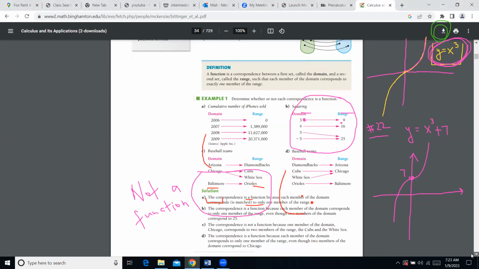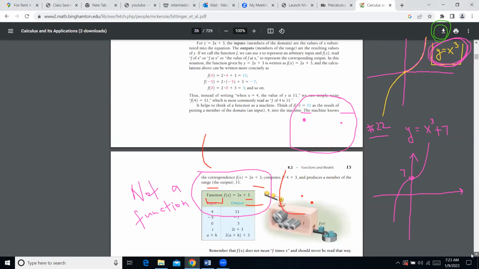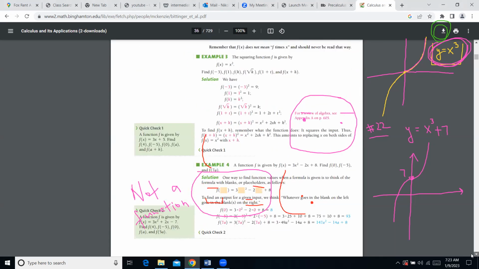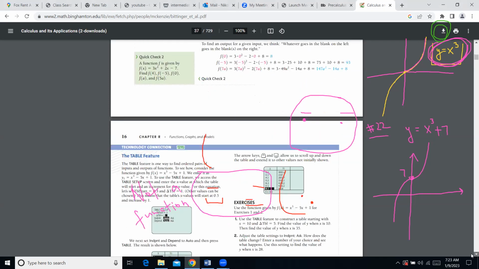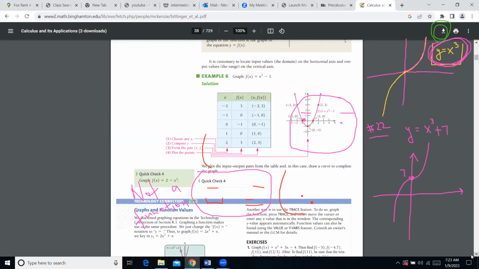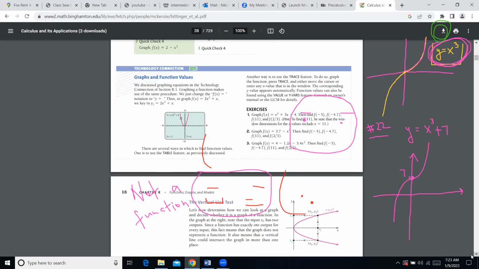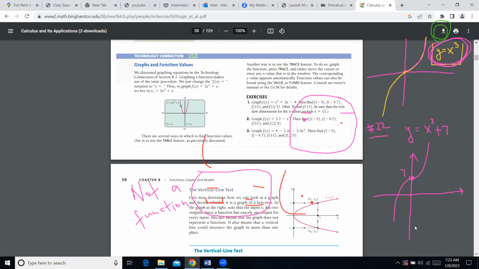So one just needs to get used to the word function, and we're not going to get very deeply into this, but I just wanted to show you the functions and what would not be a function. So, for example, here on the next page, they have a graph of a relationship that is not a function.